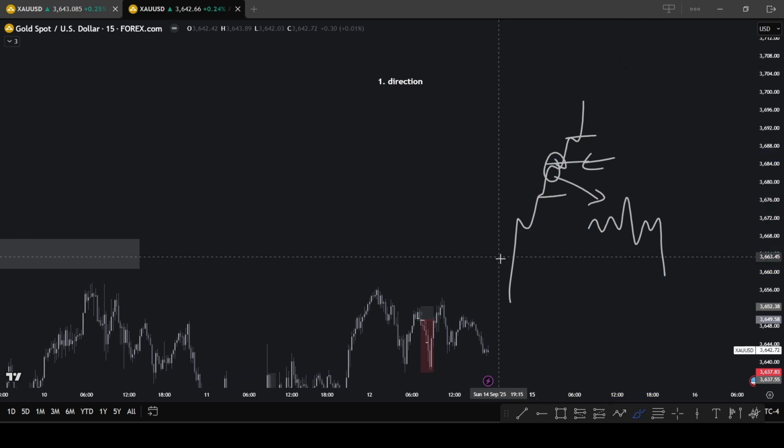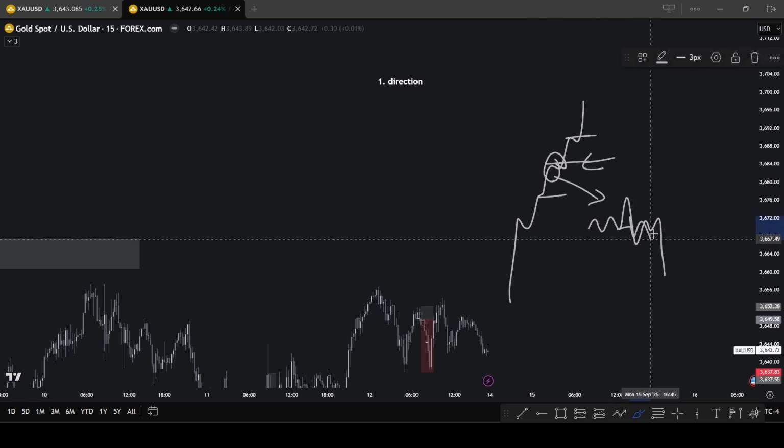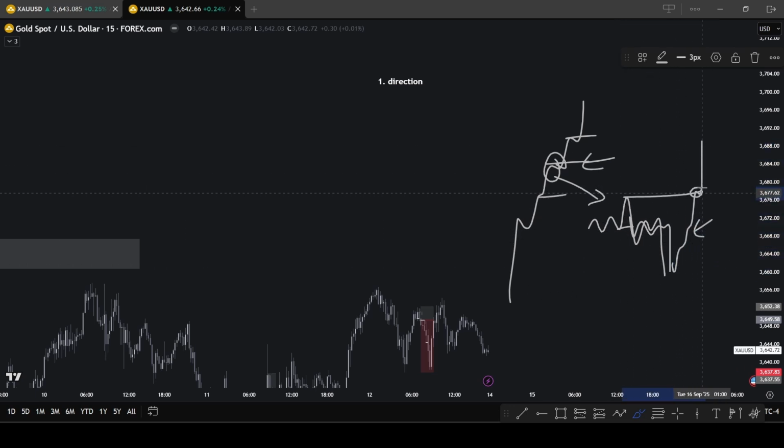Suppose this is the high time frame trend and you waited for some 1 minute confirmation that the market shifted to bearish. I will short here, but instantly the market turns bullish and you get stopped out. So the problem is you need to first have a direction. Without a proper direction, the entry pattern or how many confirmations you use doesn't matter. So the first important thing is direction.